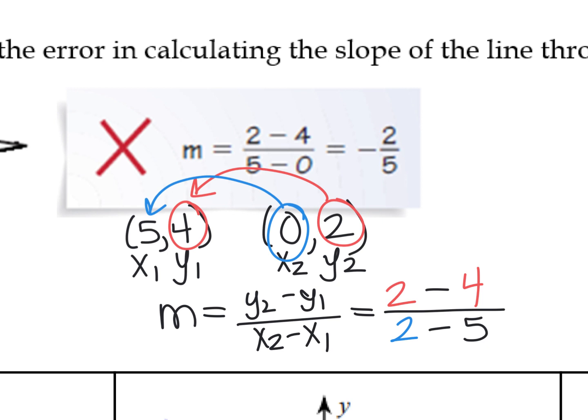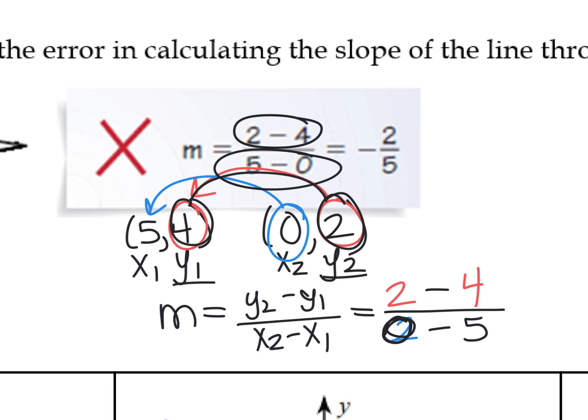So you'll see that they have 2 minus 4 on the top. But on the bottom, we have 0 minus 5, x2 minus x1. They have 5 minus 0. So they ended up switching. On top, they did 2 minus 4, which is y2 minus y1. But then on the bottom, they did the wrong order. They did 5 minus 0.